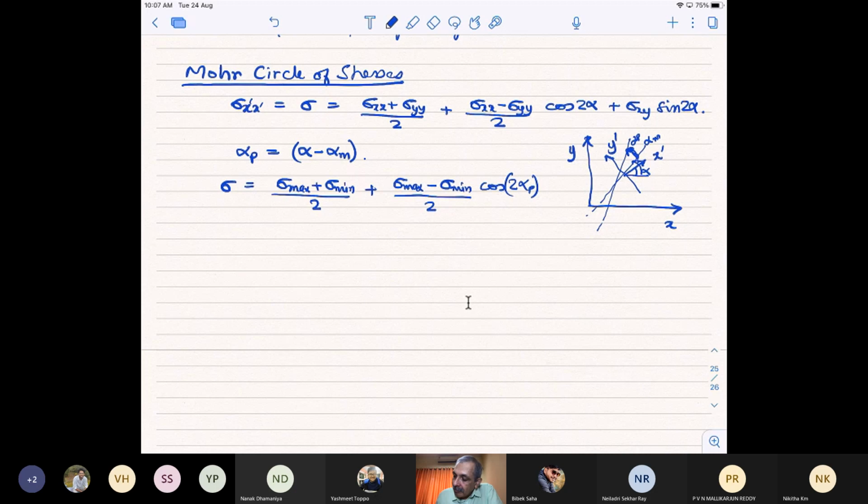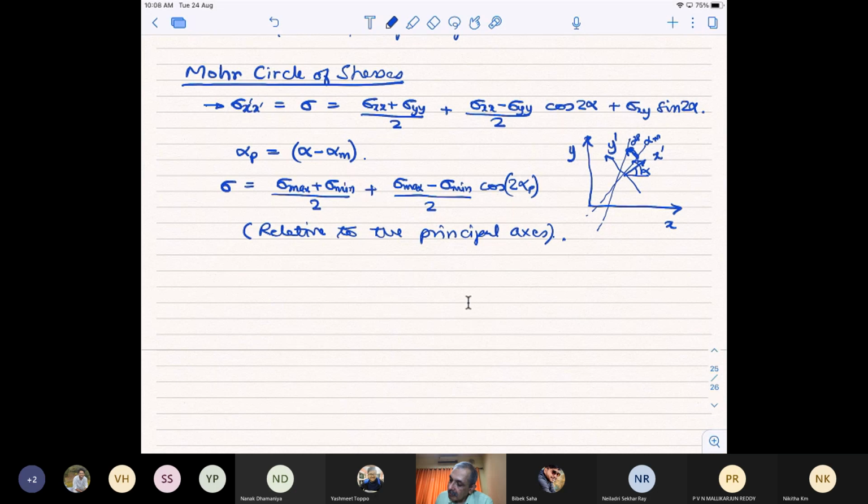So this is exactly the same as this equation, but now this is written relative to the principal axis. So now here you can see that when alpha p is equal to 0, then your sigma is equal to sigma max, and when alpha p is equal to 90, then this is minus 1, so then sigma is equal to sigma min.